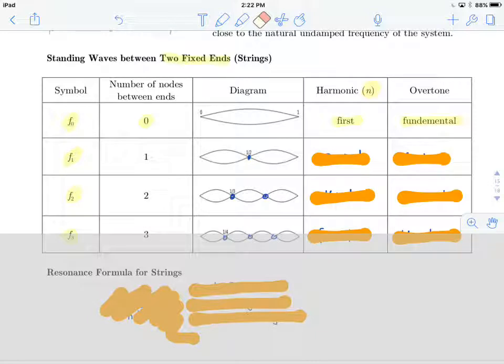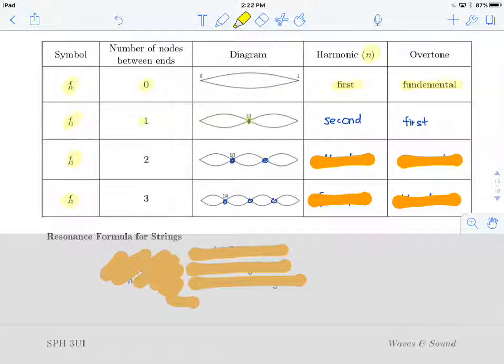Then if we go to f1, this is of course the second harmonic and the first overtone, and we notice that in this case there is one node, right in the middle, one node between the two fixed ends. Next we have what we'd call the third harmonic.